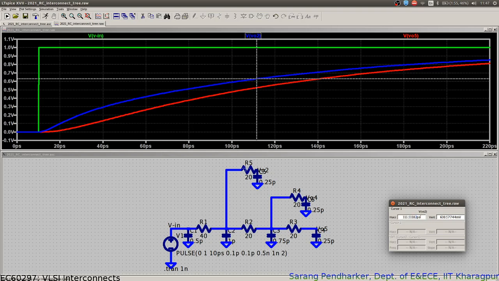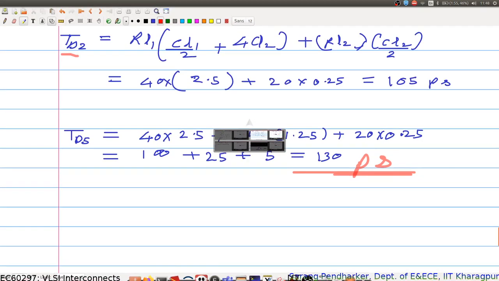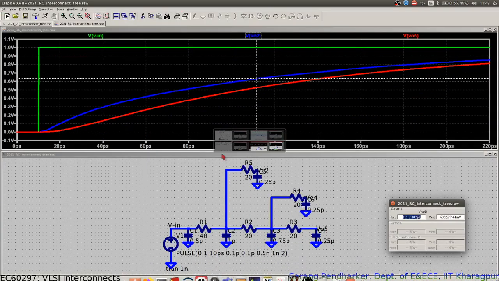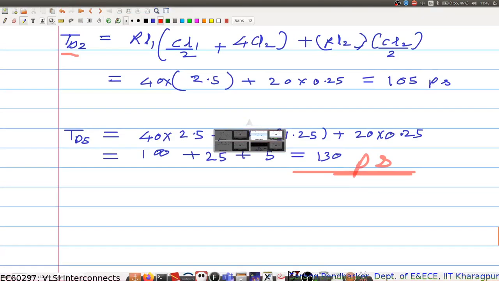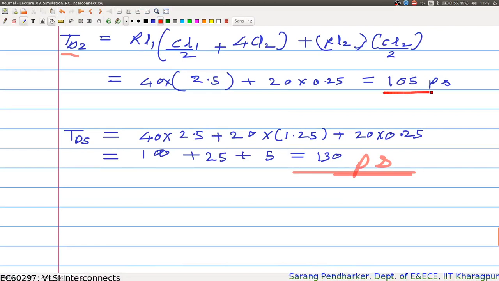If I subtract 10 out of it, I am getting somewhere around 100, so the 63% delay would be 101 picoseconds, 101.5 picoseconds. But if I look at the Elmore delay, what I get is 105 picoseconds. Why is this discrepancy now?